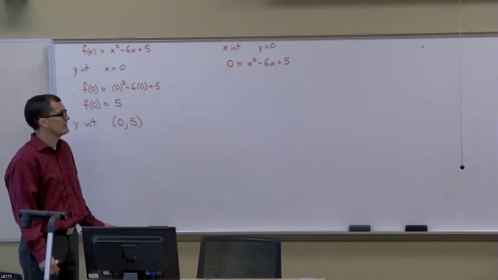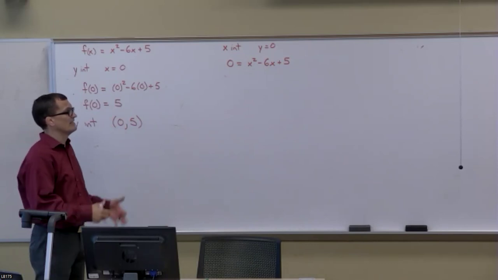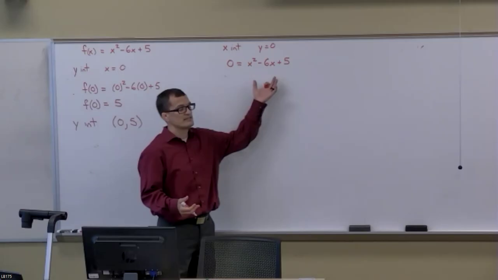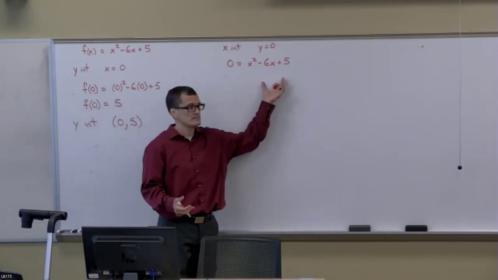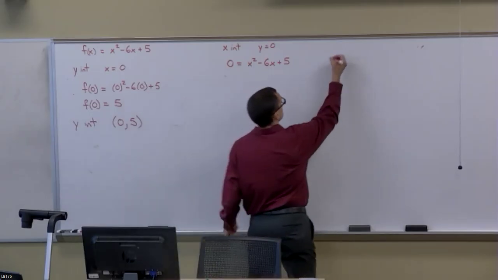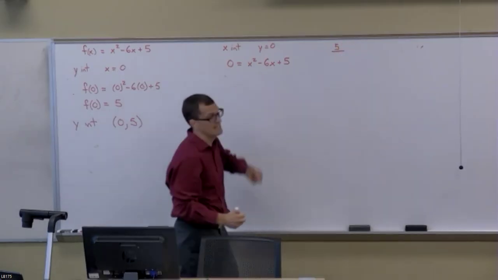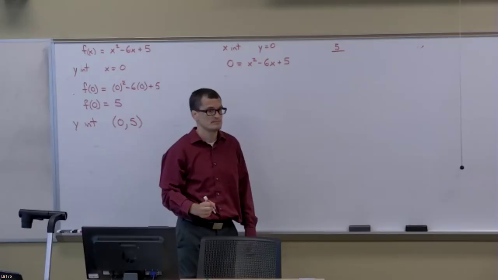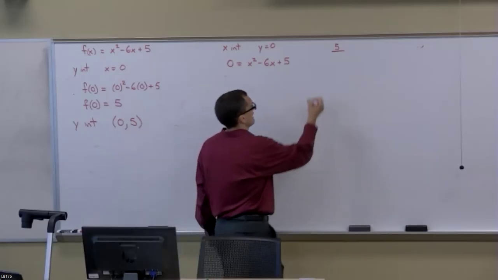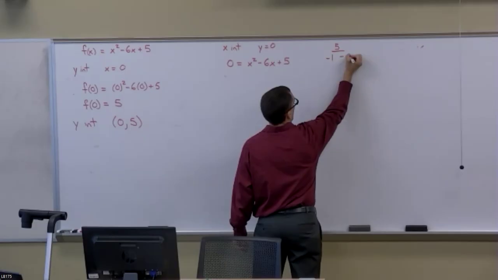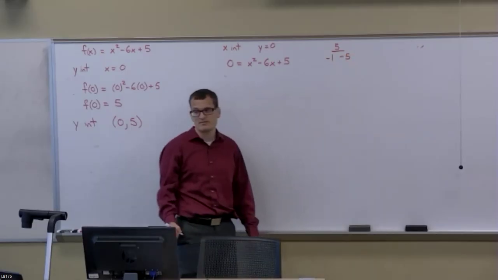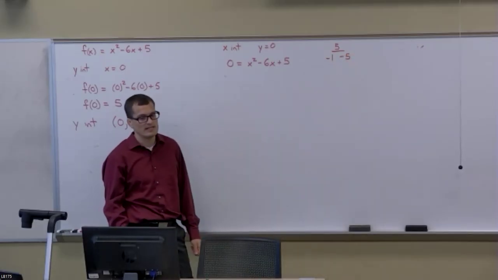So we get 0 equals x squared minus 6x plus 5. And then this is obviously not in the square root form. So I'd probably start out saying, are there factors of 5 that add up to -6? There are. -1 times -5 multiply to give me 5, and add to give me -6.